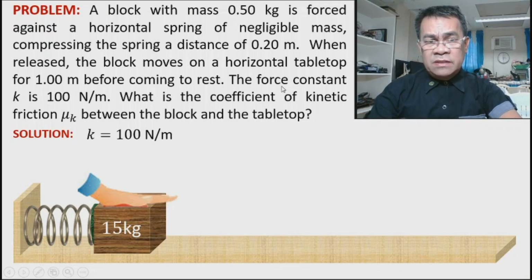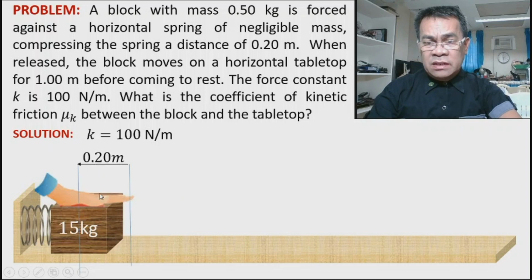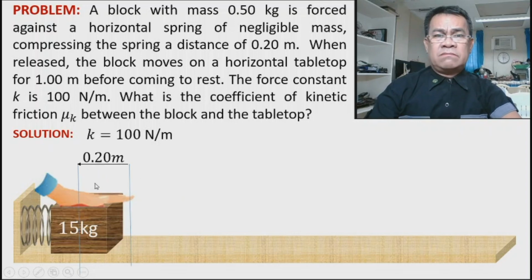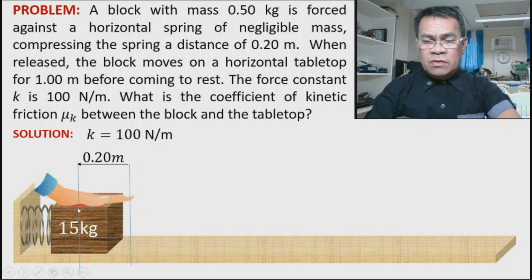K means the force constant or the spring constant. Then the block, we compress the spring 0.2. We apply a compression force, then it was able to compress the spring by a displacement of 0.2 from the rest position of the spring, or the unstretched level.